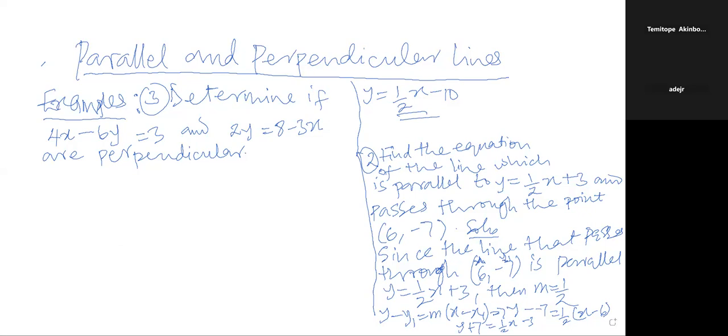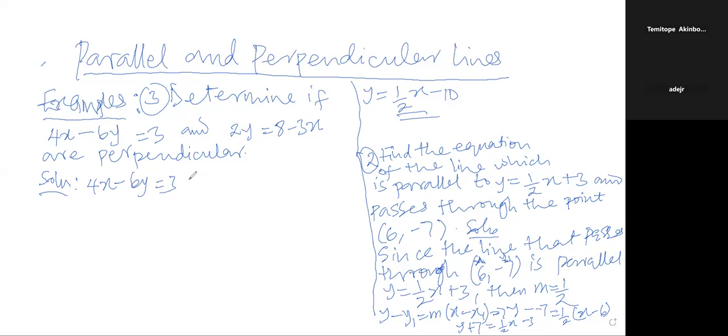Yes, sir. Done? Okay. So to do this, you know the condition for lines to be perpendicular. You said the product of their gradients will give us -1. That means in each case, I will have to find the gradient. So 4x minus 6y equals 3.